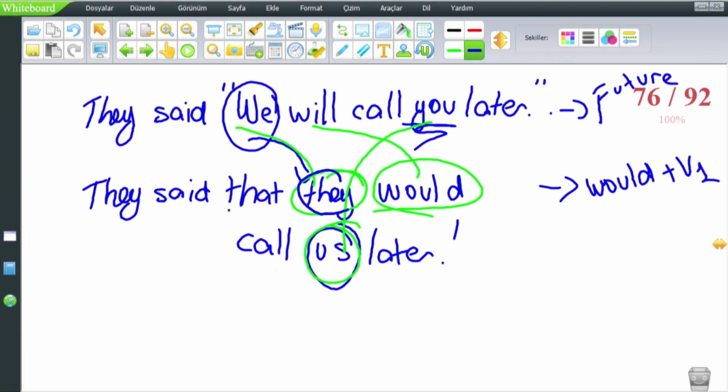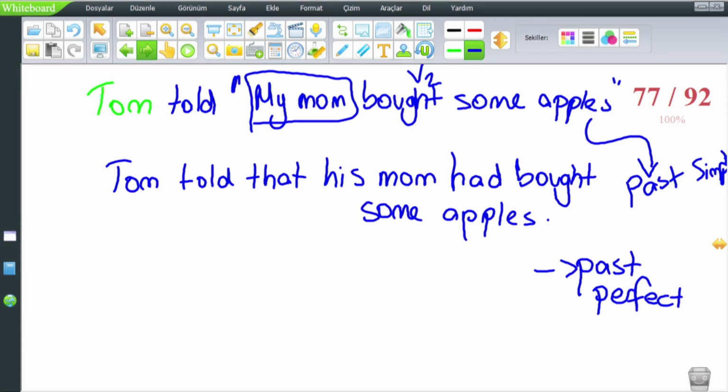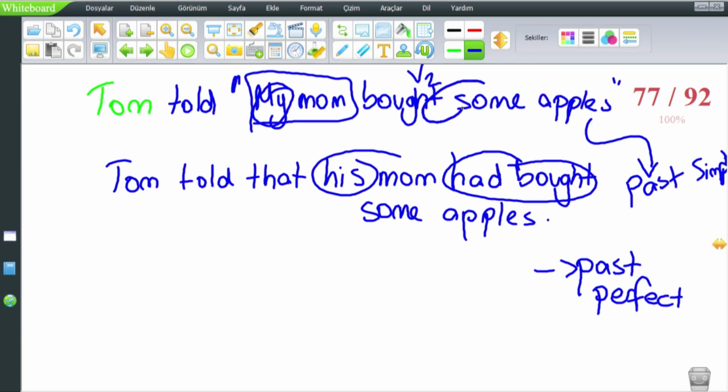They said that they would call us, and later stays the same because it doesn't change the meaning. Tom told my mom bought some apples. Tom told that his mom had bought, because this is past simple, some apples.